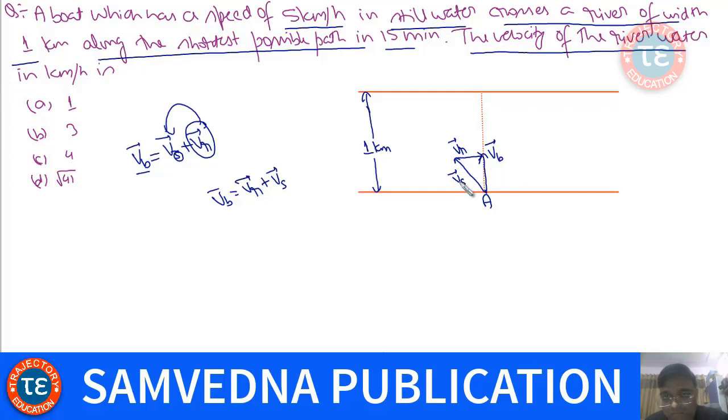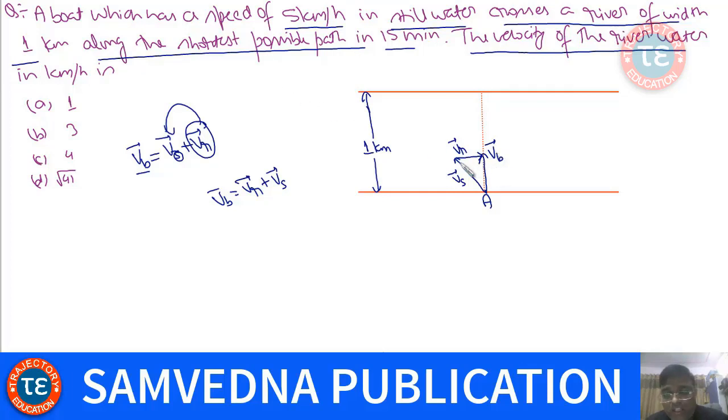That should be the velocity of the boat in still water. This velocity superimposed with the velocity of the river should give you the net velocity of the boat, and that should lie in the direction of the shortest path. You understand this problem? The net resultant velocity of the boat should be perpendicular to the bank. Only then it will be crossing the river in the shortest path.